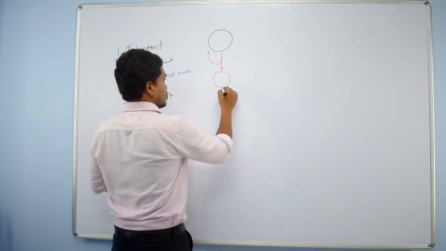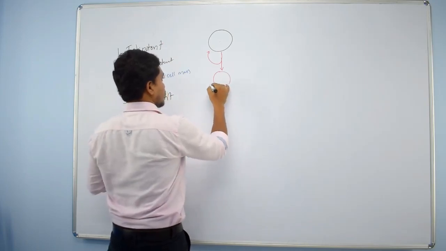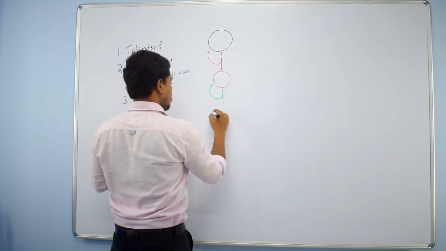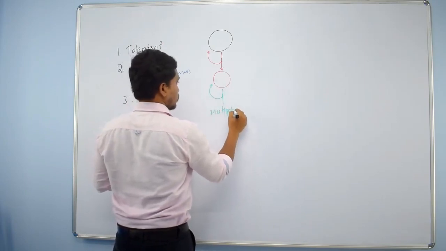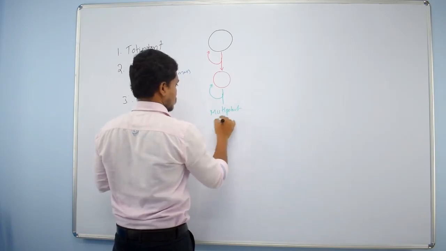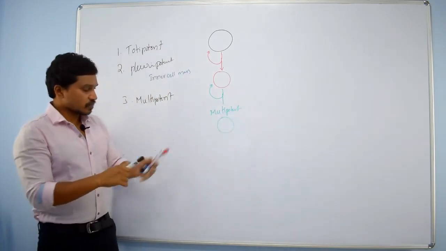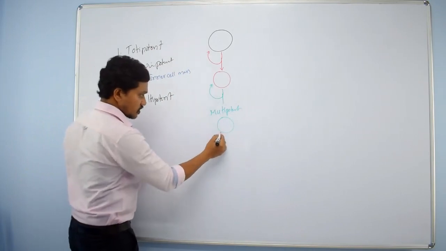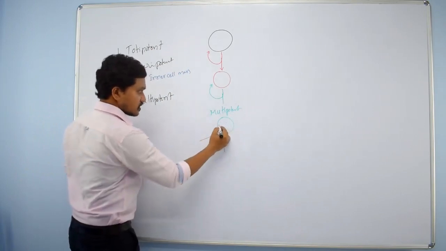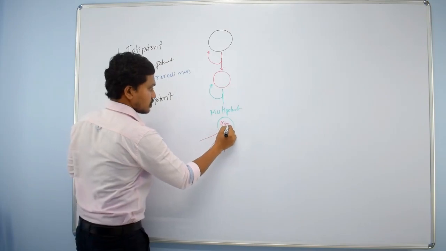So the next cell is multipotent cells. These multipotent cells can produce different types of cells. Just imagine this is a blood stem cell.